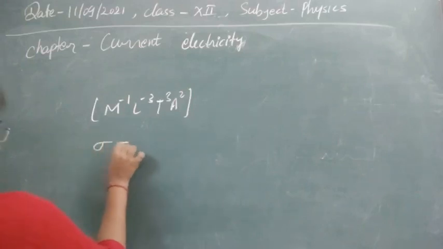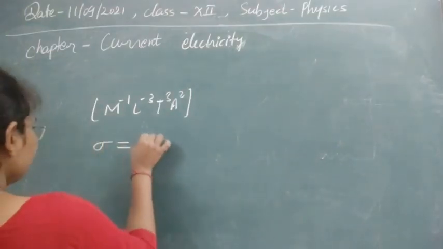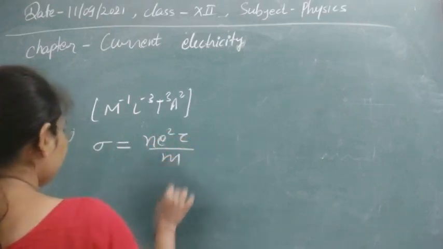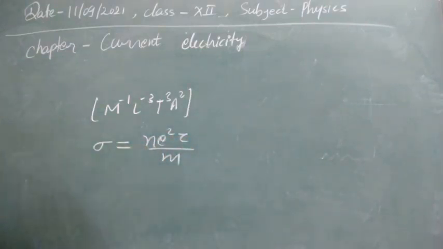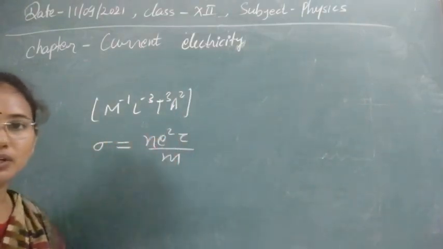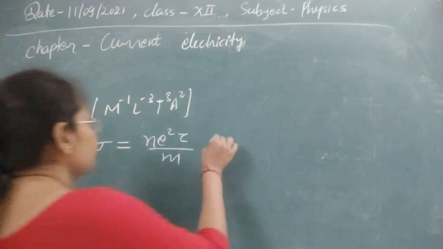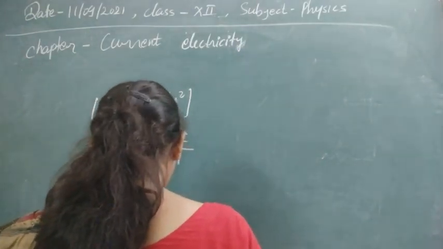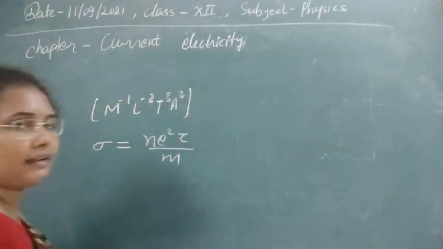I am directly writing conductivity, which you know is given by N e squared tau upon m. Now you can write down all the units of this and see whether it is equal to this one or not. N is the number of electrons, so it will not have any unit.